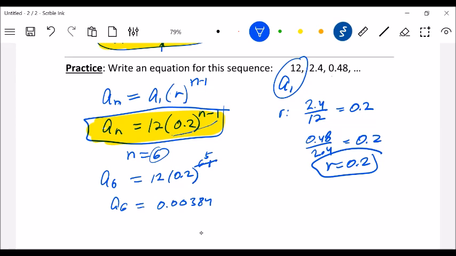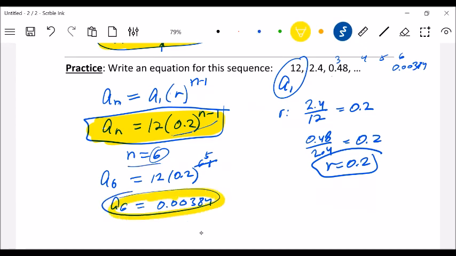So notice, because this is going down, that was the third one, and then there's a fourth, a fifth, and a sixth, and the sixth one is 0.00384. So I'll do that just for the fun of it. But this one in particular asked for the equation, so good.